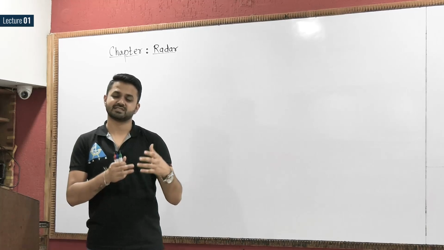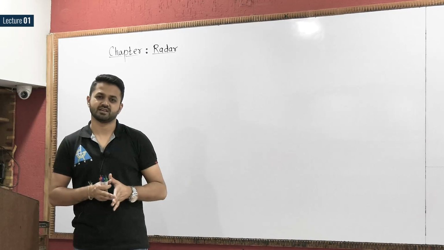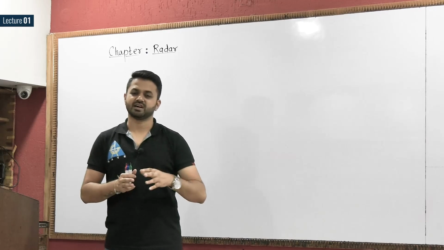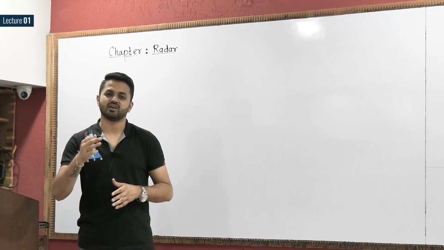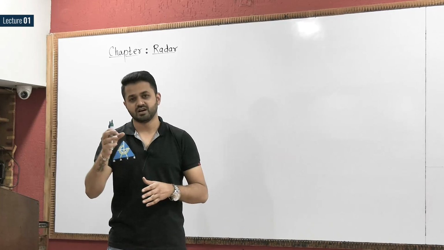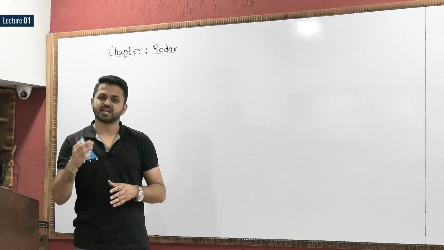It not only tells the range of the target, it also tells whether the object is present or not. So in the radar system we have two advantages. First, we can have the information about the object or the target, and also the range of the target.